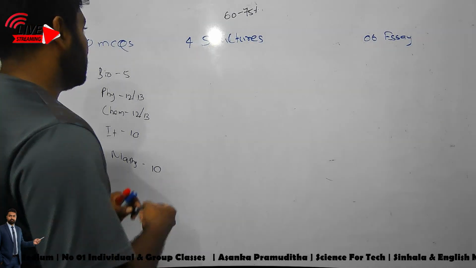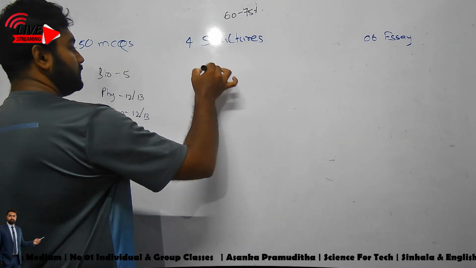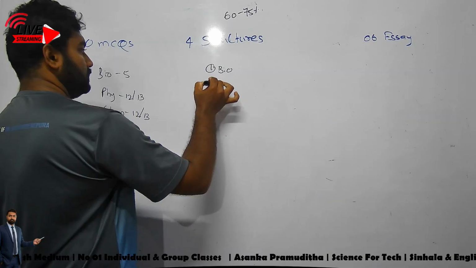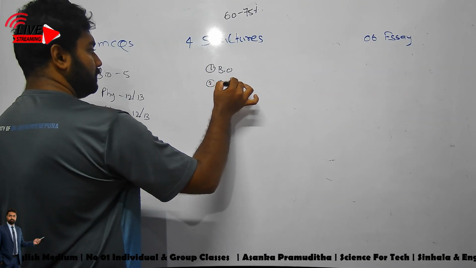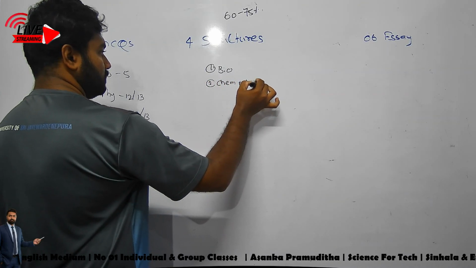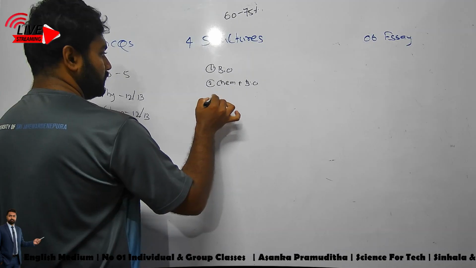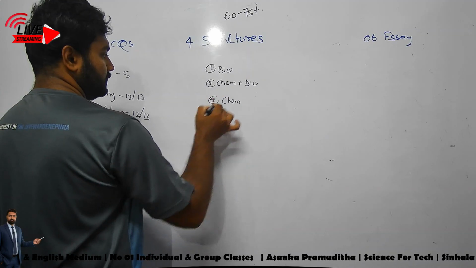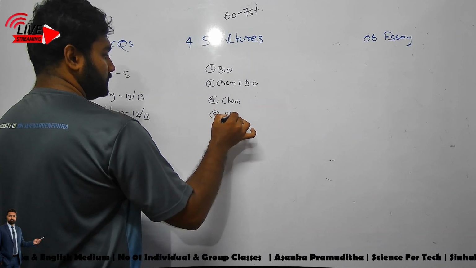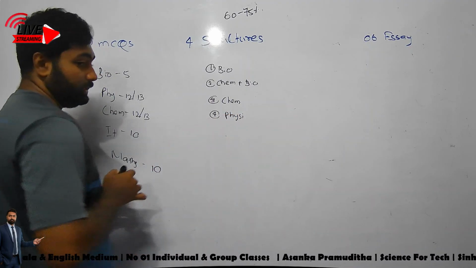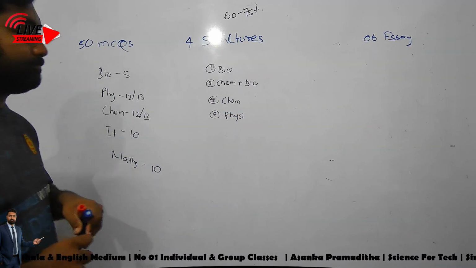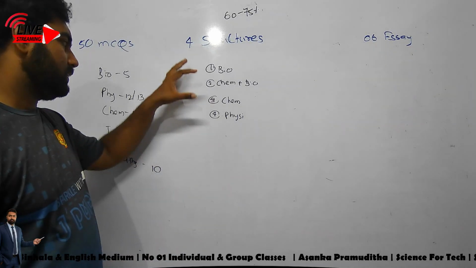Then we have four structure questions. Usually the first one is from bio, the second can be from chemistry and bio, the third from chemistry, and the fourth from physics. This is quite changing.